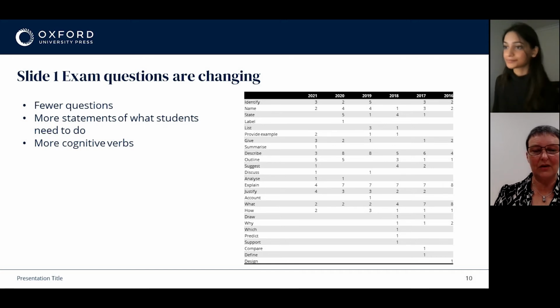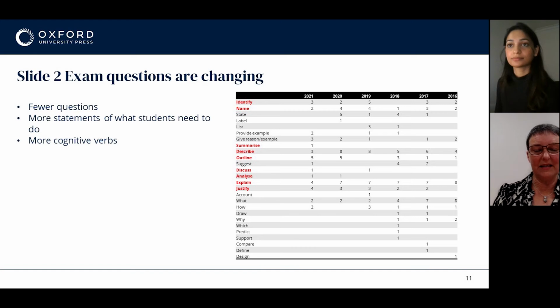The other one that's worth noticing is that explain has gone from 8 questions with explain in them in 2016 through to only 4 more recently, because VCAA is starting to use terms that are more specific, which means we need to make students aware of the difference between these terms.